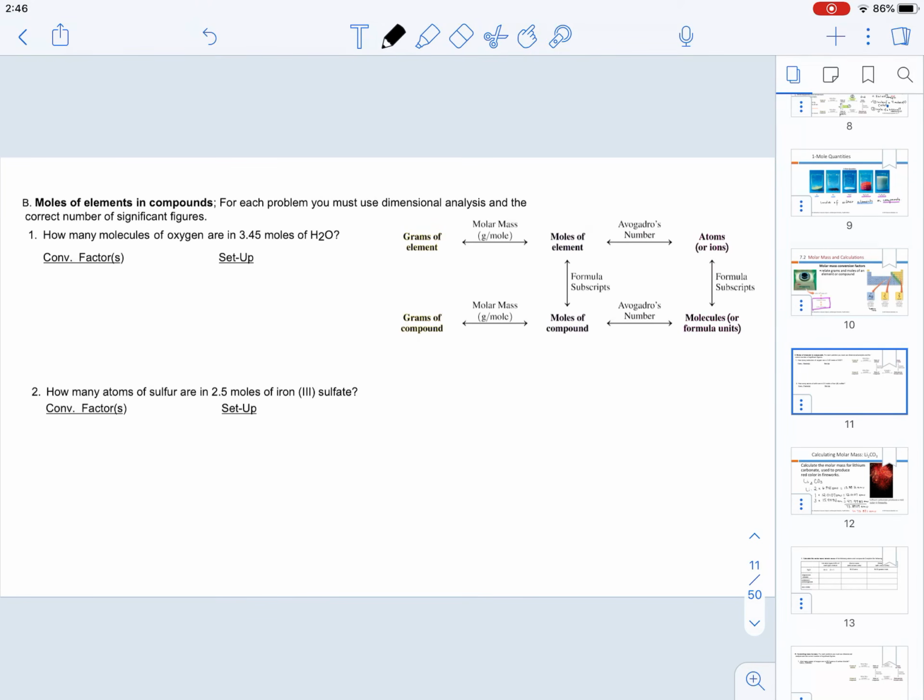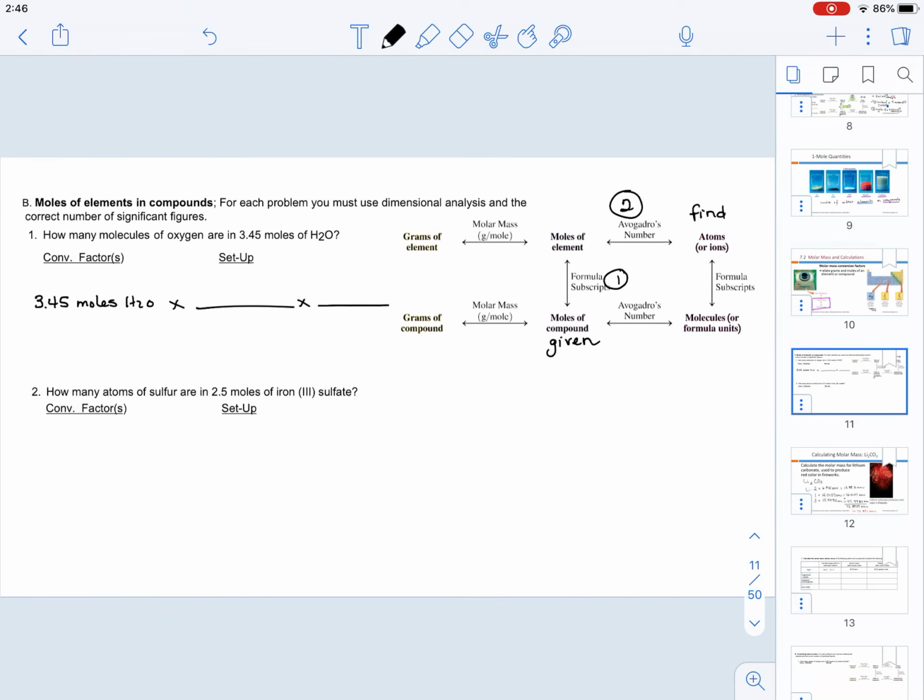Remember that here we're given moles of compound. We need to find atoms of an element. We have a formula subscript as the first conversion. The second conversion is going to be Avogadro's number. We're going to write the number that is given to us, 3.45 moles of H2O. We have two conversions.